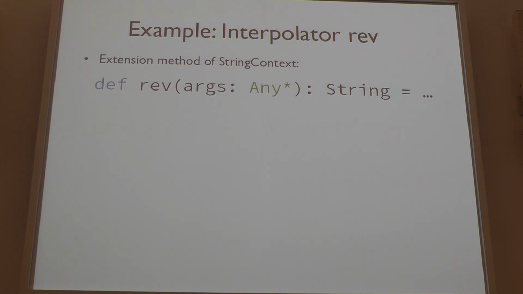And if you do this, you can use your own interpolator like this. In this case, this interpolator would reverse the string, and the implementation is not really important. What you have to do is create some class that contains this method, and you have to make an implicit conversion from your class to StringContext, and all this will allow you to call your interpolator like this.